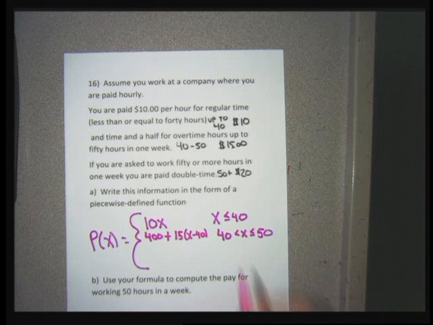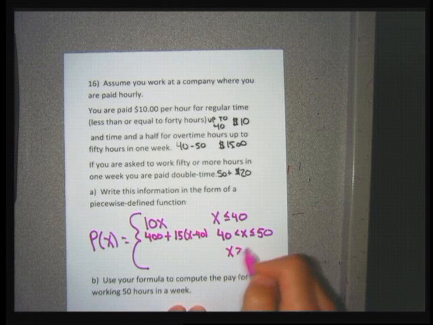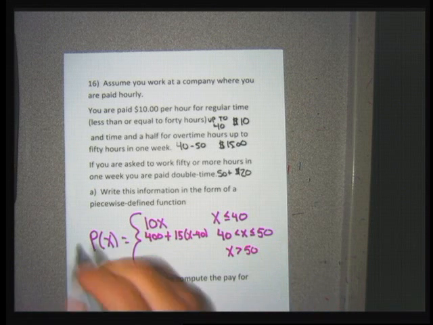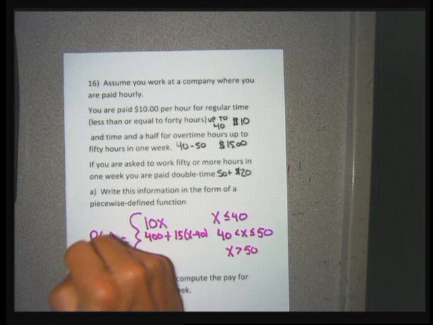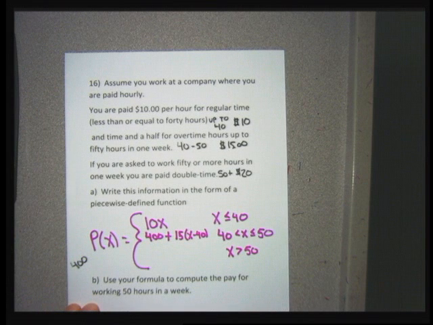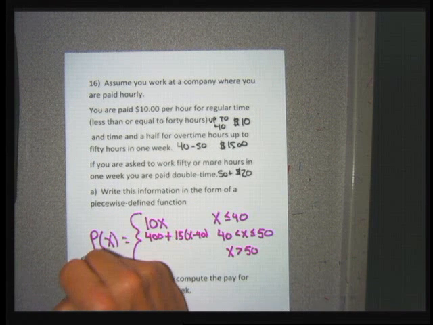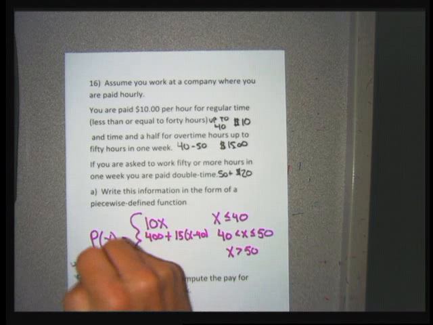The last level is for working more than 50 hours. If I work more than 50 hours, I get $400 for my first 40 hours, 10 times 40. And then for the 10 hours that I get time and a half, 10 times 15 is 150.